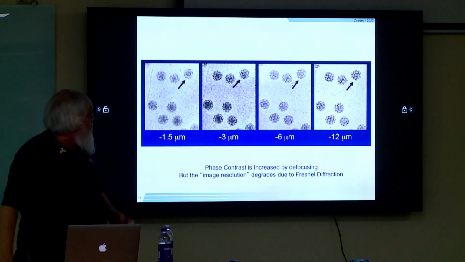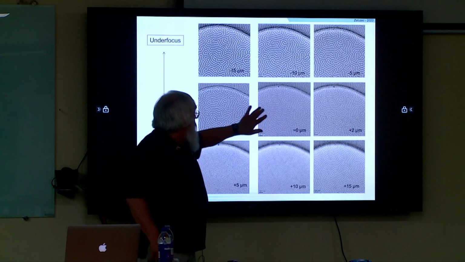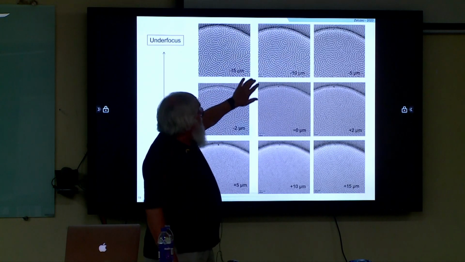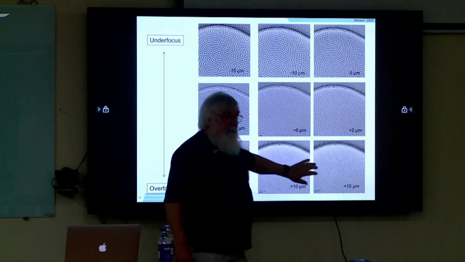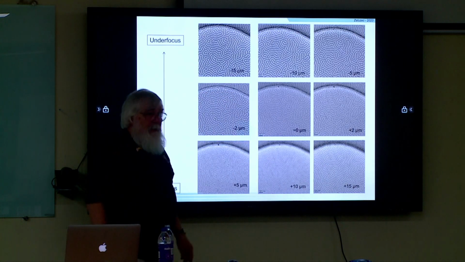Okay, I'll give you another example of that. This is a polymer. Same area of the polymer. What did I tell you yesterday? Minimum contrast is focus. As we go larger defocus, the contrast increases, either negative or positive. Also, I want you to look at this. That's the same area of the sample.